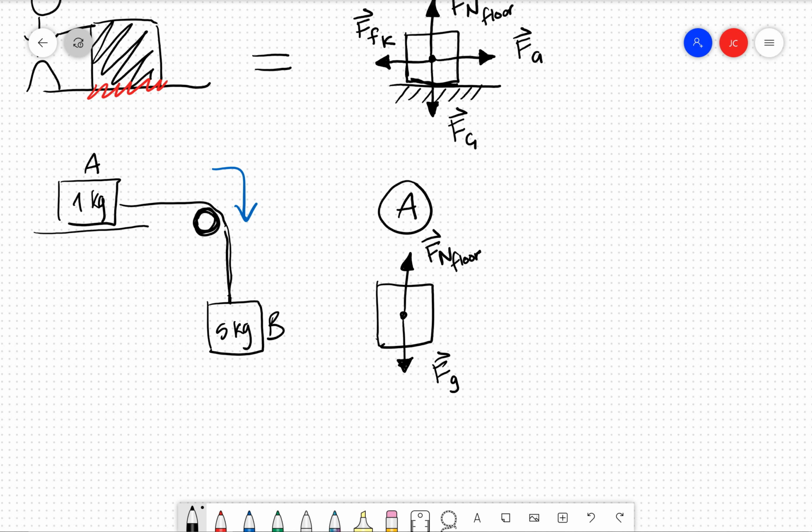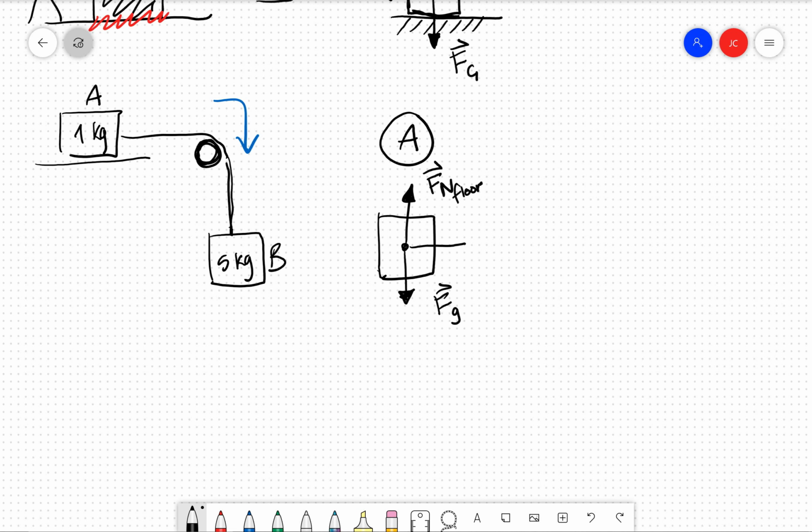Then there's also this rope here, and that rope is creating a force of tension because it's pulling on the box, and it's obviously going in this direction, so we can label it as tension, remember Ft. And again, we can't forget that there's friction here, and we'll assume this is already moving, so kinetic friction.